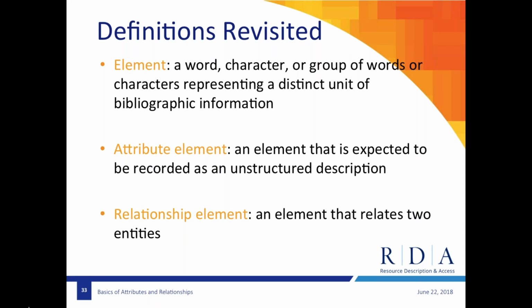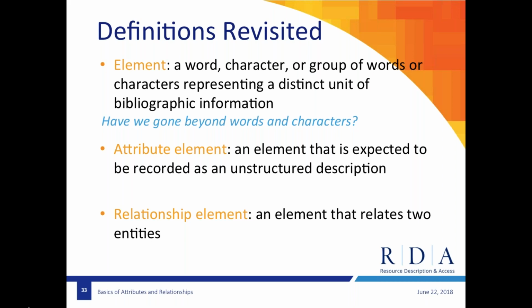Do we still think that this really encompasses all of what an element is, or have we gone beyond words and characters? I don't know the answer to that question. I think this does a pretty good job of explaining what an element is, but I'm not sure if this is capturing everything as we moved more into a linked data environment.